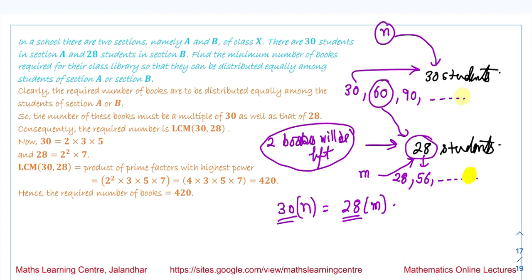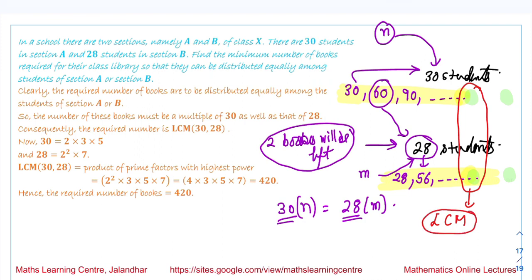Then we will have some common multiples. And the minimum of all these common multiples, that is the LCM of 30 and 28, is the number of books required in the library so that they can be equally distributed among the students of section A or section B.